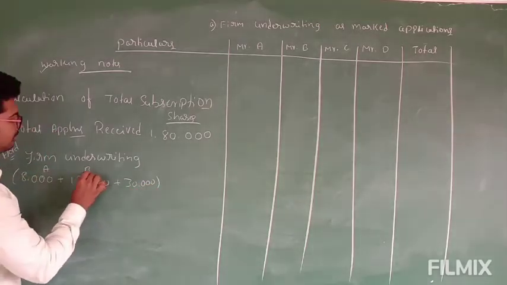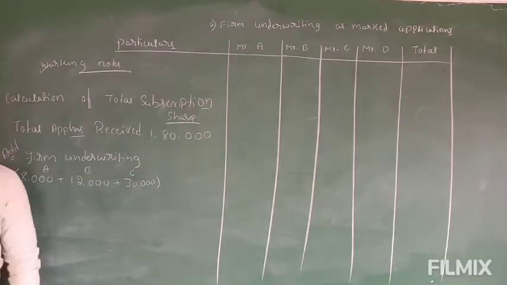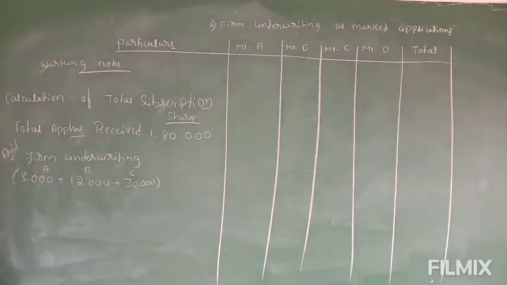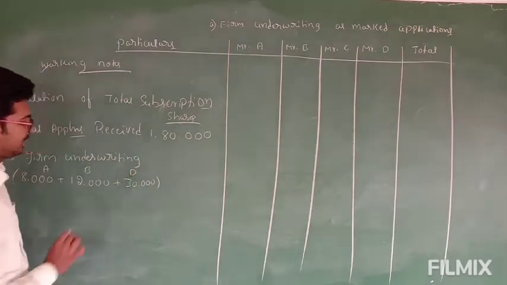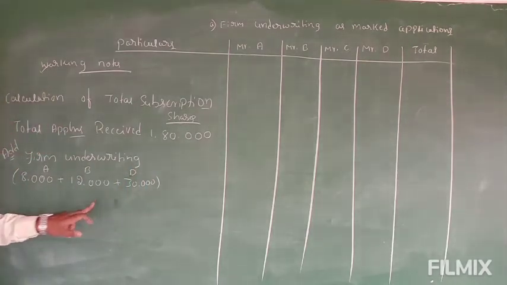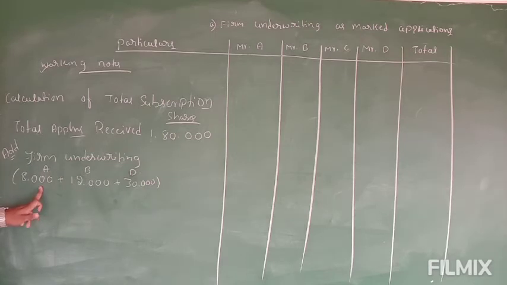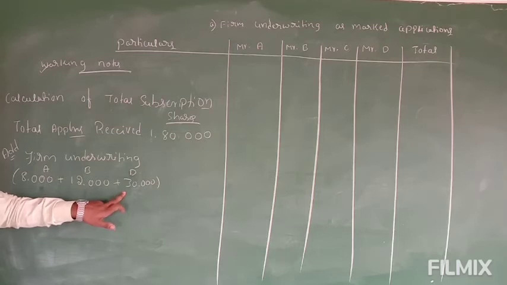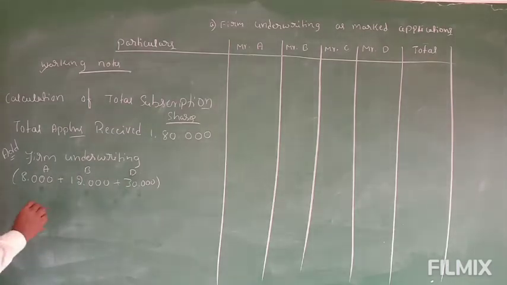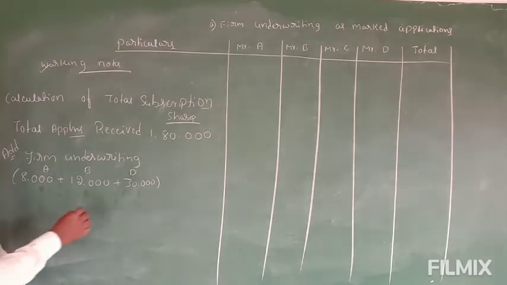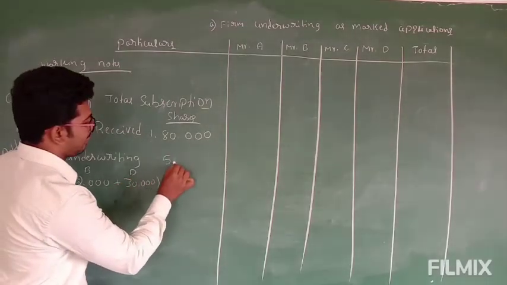C has no firm underwriting shares, so it is nil. Overall firm underwriting is 50,000 shares.